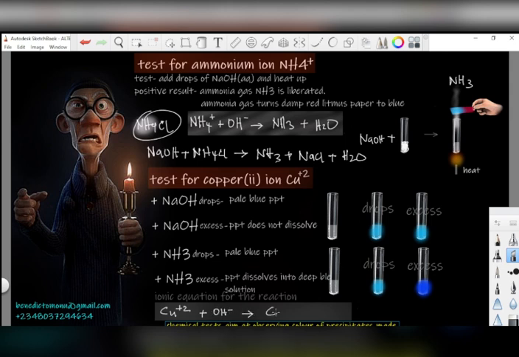It gives me copper hydroxide. Ions are aqueous. Precipitate is solid. So this is the confirmatory test for the copper 2 ion. If you carry out this test on a solution and get this result, it means copper 2 ion is present in the sample.